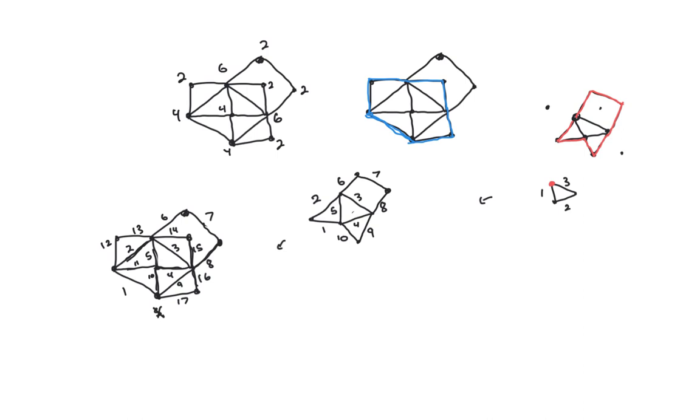Now I go back up 1 level to this graph. So I'm over here, and the idea is I chose to start here and go this direction along my cycle. And so the first time I come into this component, I start by going along the Euler tour from this triangle.